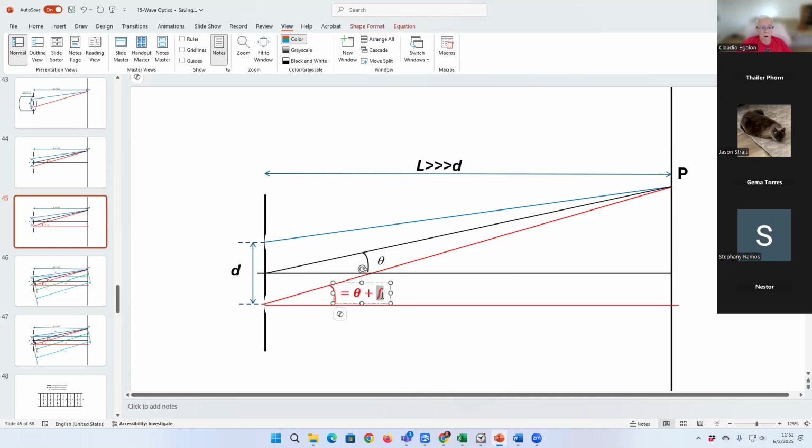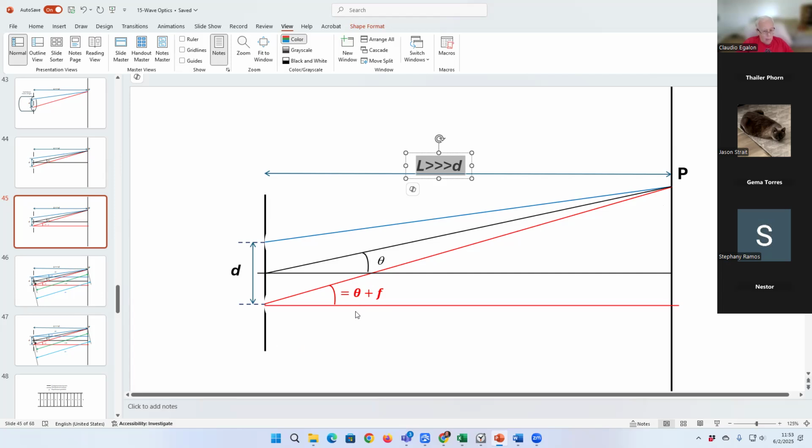It's small because the distance of the screen to the slit is very large compared to this distance here, right? If we look right now, it doesn't look small because the drawing is not to scale. But if you put it to scale, you're going to see the further away this screen is, the closer those lines become to parallel lines, okay?